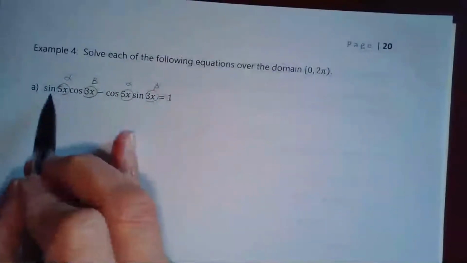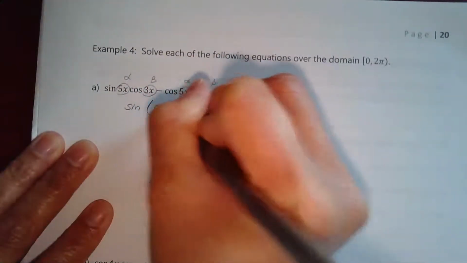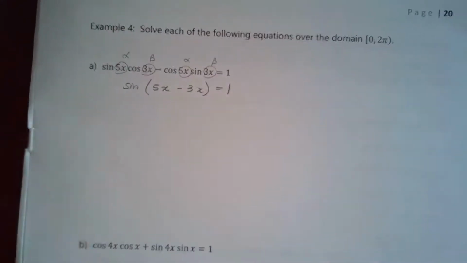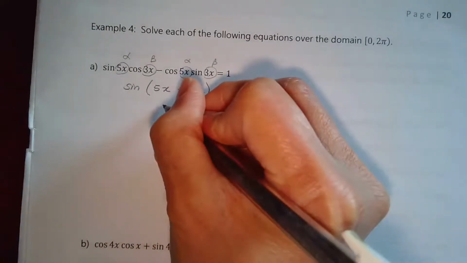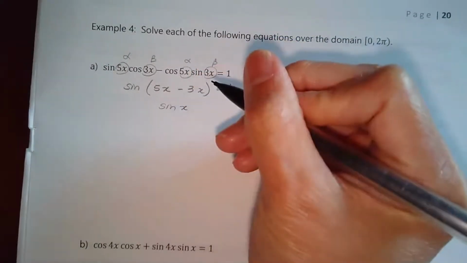So all of these could be simplified as sine of 5x minus 3x equals 1. Okay, and we can simplify that further. So we can say sine of 2x rather.